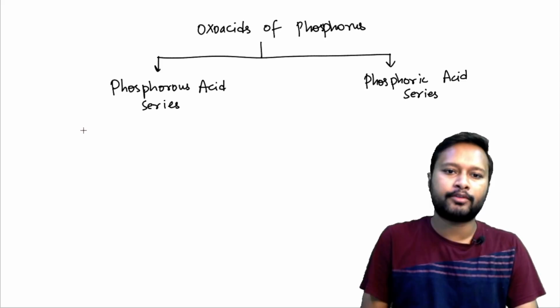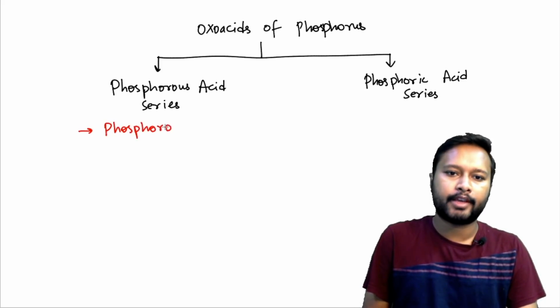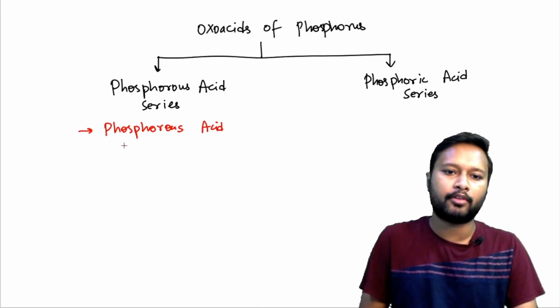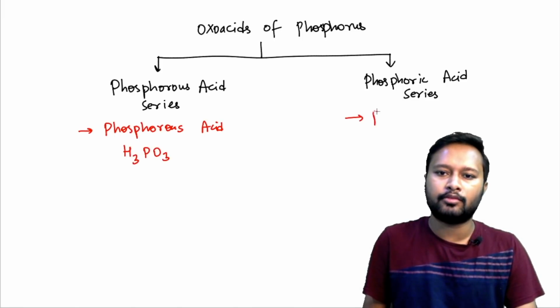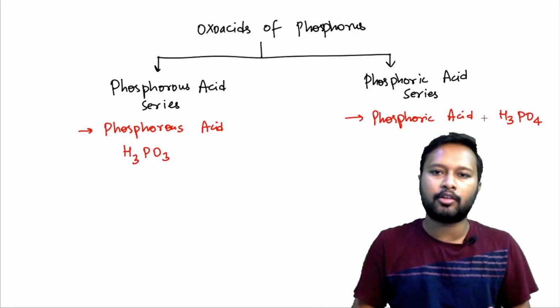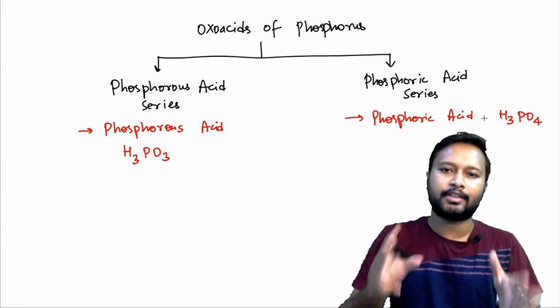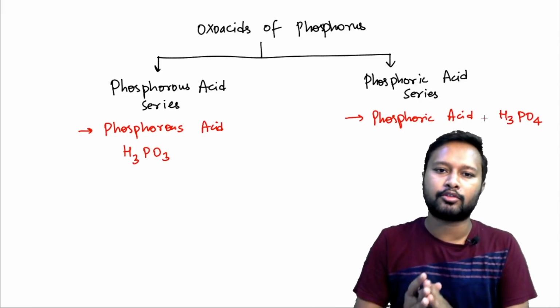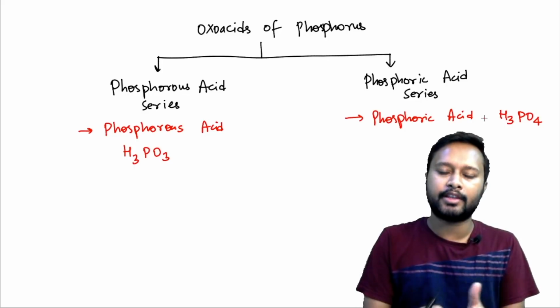You know your phosphorous acid, whose molecular formula is H3PO3, and your phosphoric acid, which is H3PO4. With the help of these two, we are going to derive all the oxoacids of phosphorus, and we will apply the similar thing to sulfur also. So first let's finish phosphorus and then we'll do sulfur, right?